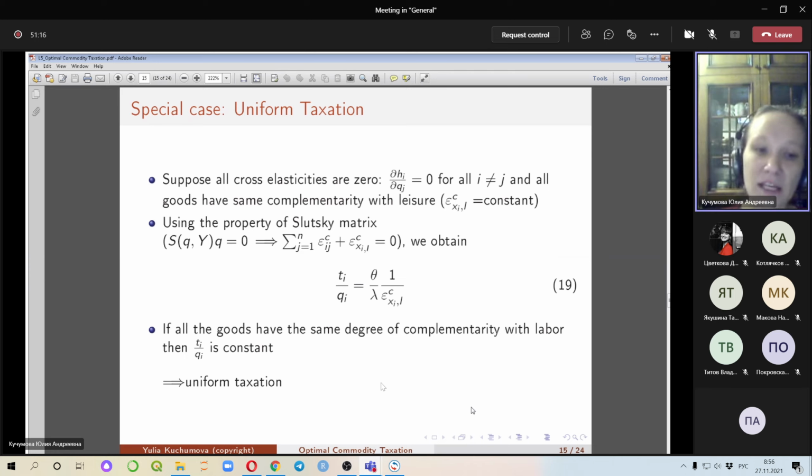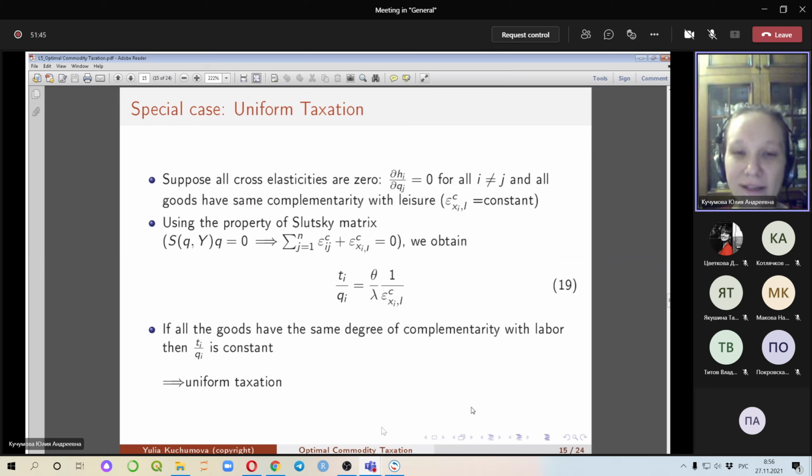Then we can say that if all the goods have the same degree of complementarity with labor, leisure, or whatever, then TiQi is constant. What does this mean? This means that we have uniform taxation, all tax rates are the same.